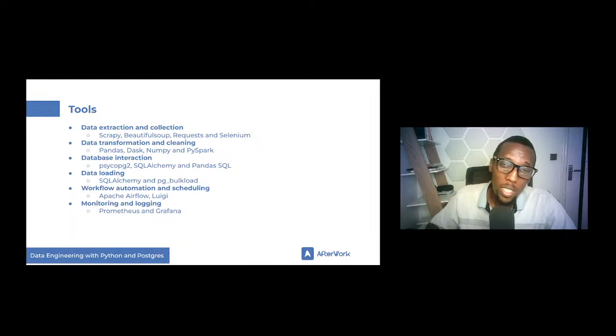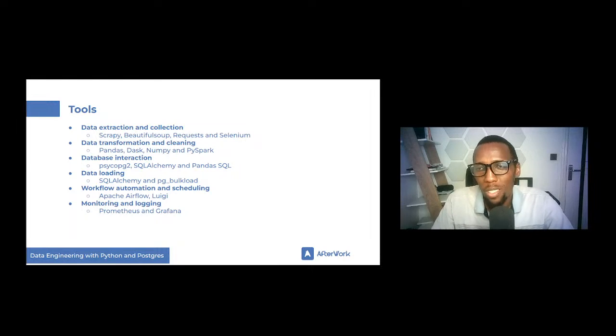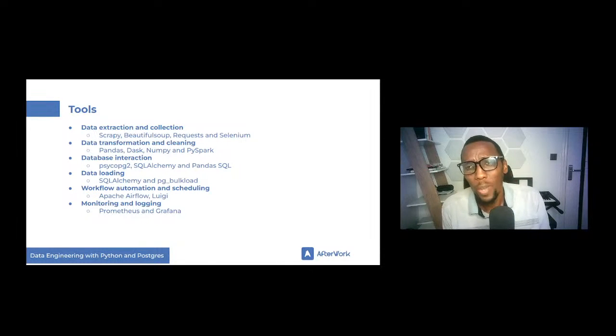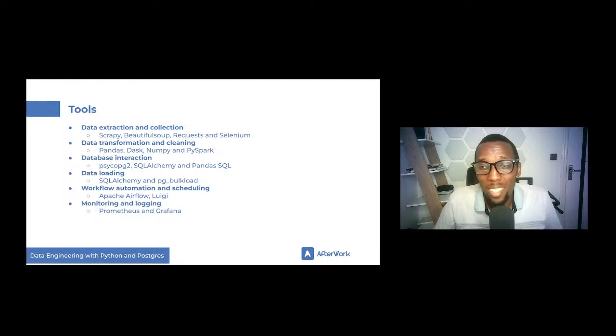Workflow automation and scheduling. Once we've created data pipelines, which we would store in Python files, we can use tools like Apache Airflow or Luigi to schedule those pipelines in whatever manner we would want, and manage them, maybe schedule them in a certain way or update the code.